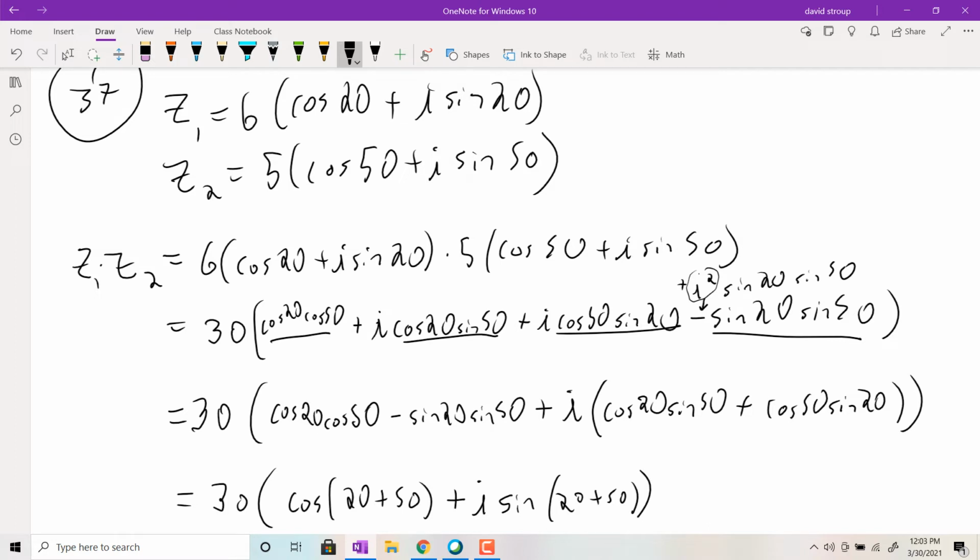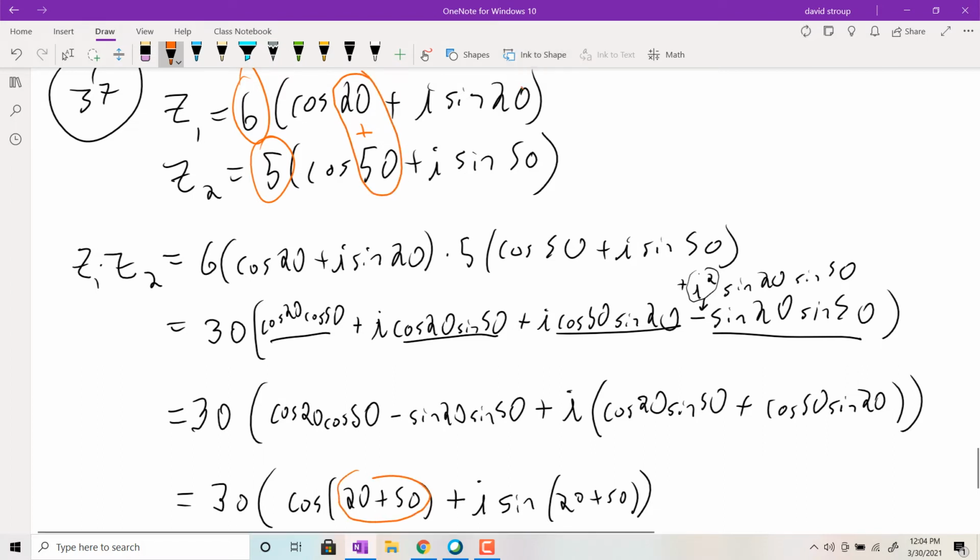So what's the pattern? Basically, you're just multiplying these guys together, and then instead of multiplying out, you're adding the arguments together. Okay, so you'll see 20 plus 50 inside the cosine. That's right here. And then 20 plus 50 inside the sine right here.